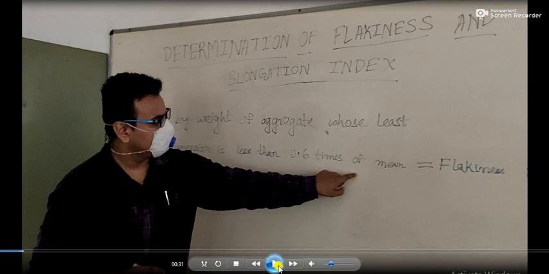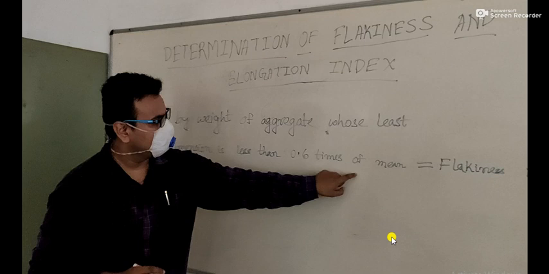That mean value multiplied by 0.6 will give you another value, and the aggregate's thickness must be less than that value. That is the calculated value from the multiplication of 0.6 and the mean value of the aggregates, and that is actually known as your flakiness index.